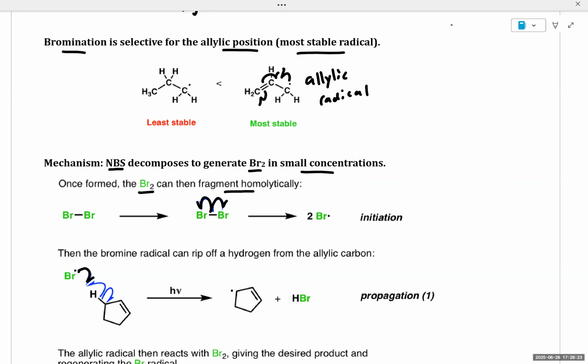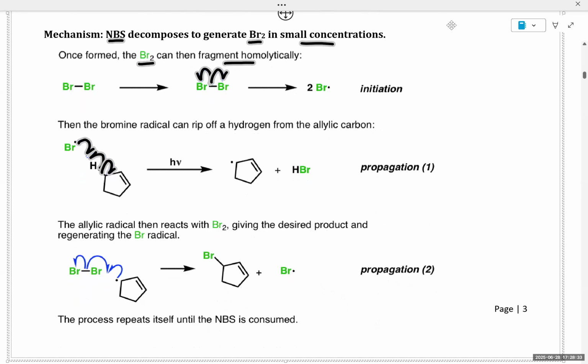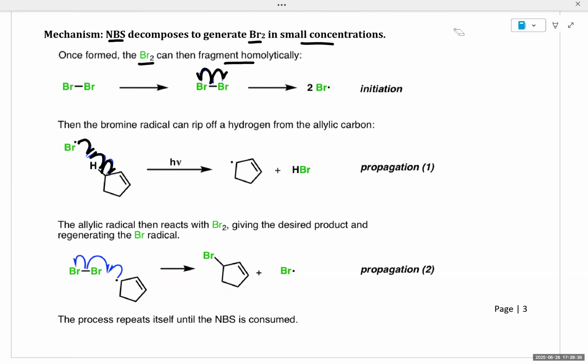From here, the bromine radical abstracts a hydrogen at the allylic position to make our most stable allylic radical. And then that radical reacts with an additional equivalent of bromine, either in Br2 or the bromine atom in N-bromosuccinimide, to form a new carbon-bromine bond and propagate the chain. In net, we've installed the bromine atom at the allylic position.